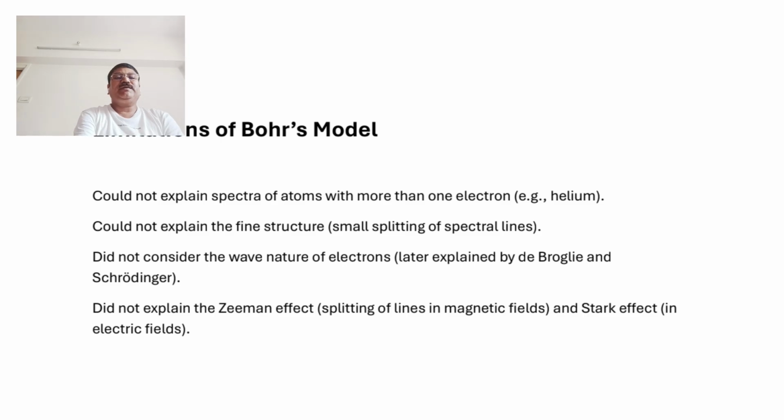Second, fine spectral lines, small spectral lines are never explained by Niels Bohr. Third, he does not explain the wave nature of electron. And fourth one is that he did not explain the Zeeman effect or Stark effect in electric field. So these are the limitations of Niels Bohr.